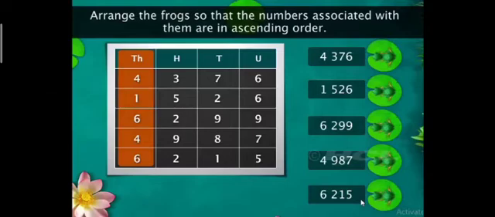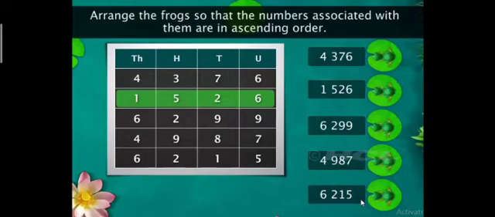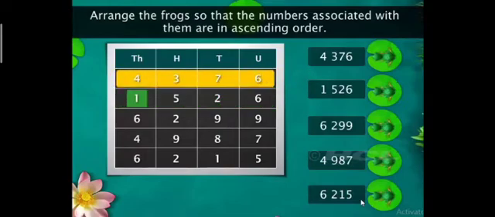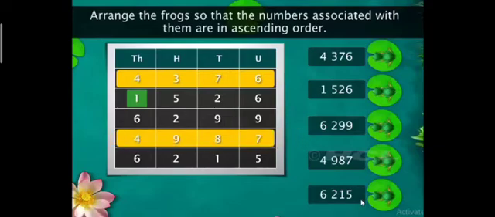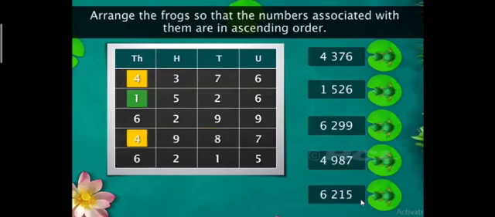Now, the number 1526 has 1 at thousands place. Number 4376 and number 4987 have 4 at thousands place, and number 6215 and 6299 have 6 at thousands place.